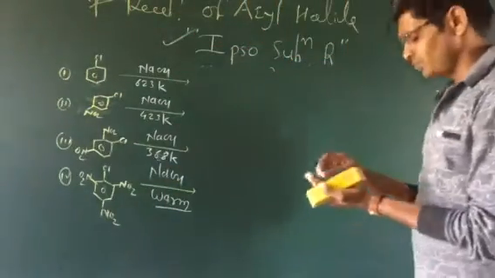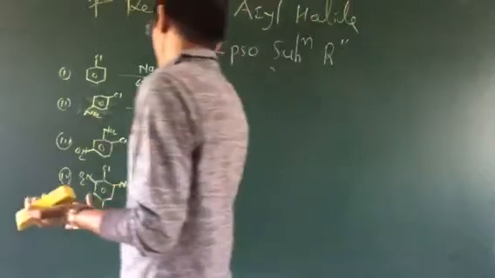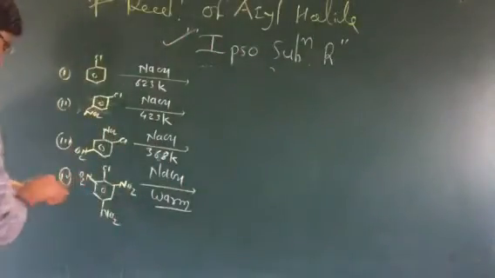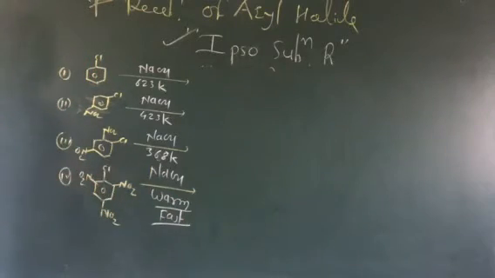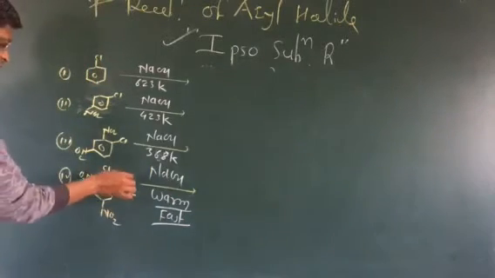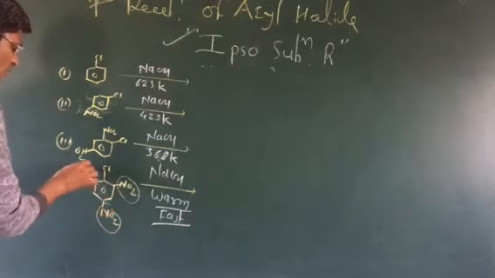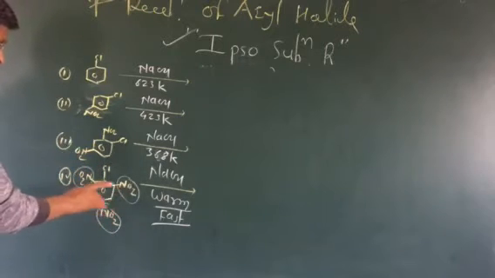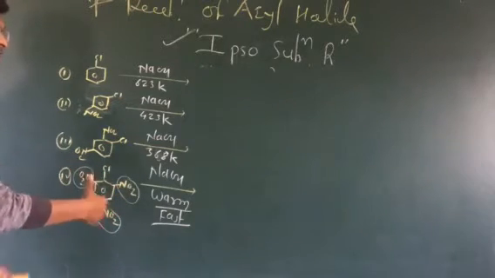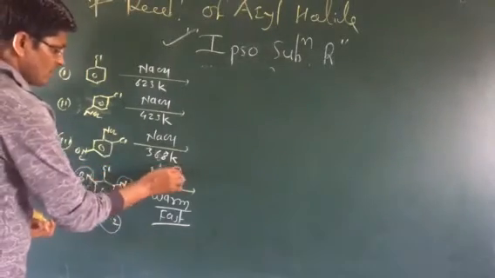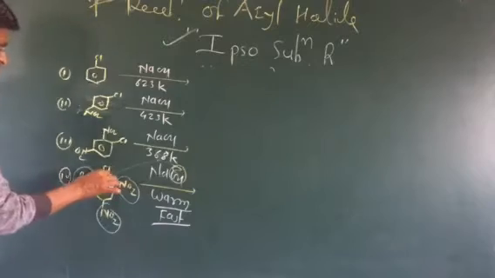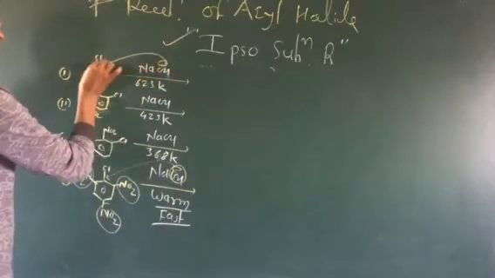So which reaction undergoes fast? This reaction undergoes fast. Why? Due to the presence of more electron withdrawing groups. Three electron withdrawing groups are here, therefore this reaction is fast. When hydroxy as a nucleophile attacks this carbon, the loss of the halogen takes place. In the other three reactant molecules, the reaction is slow.